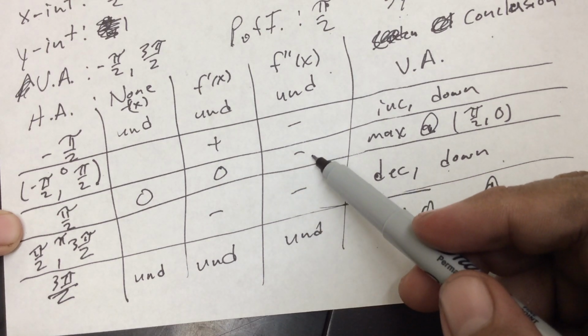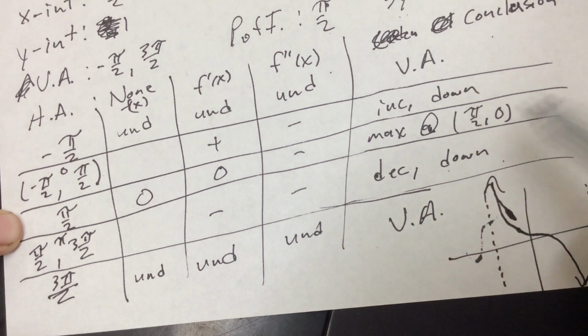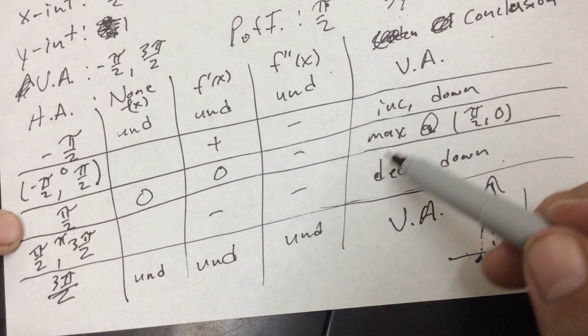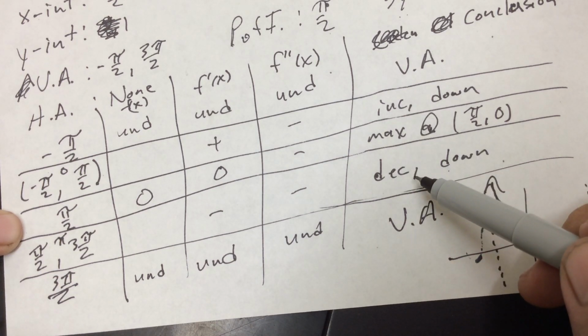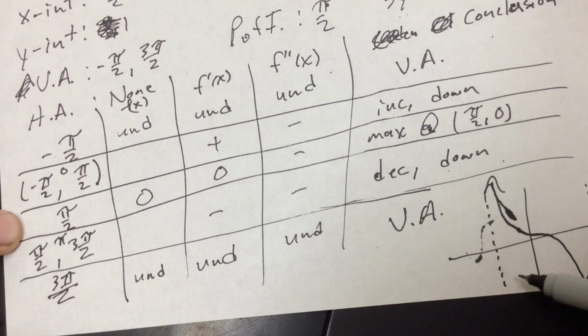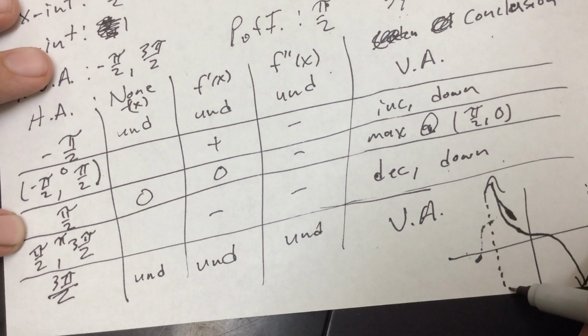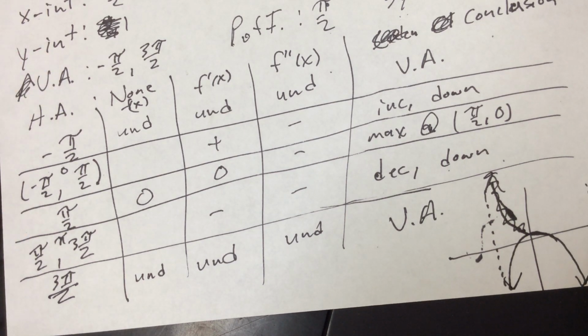Interesting. I feel like this should have failed, because we're increasing and then we're decreasing. I feel like I did this wrong. I feel like this should be going like that. Double checking my graph.